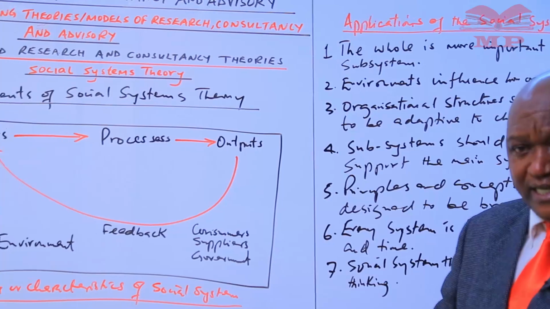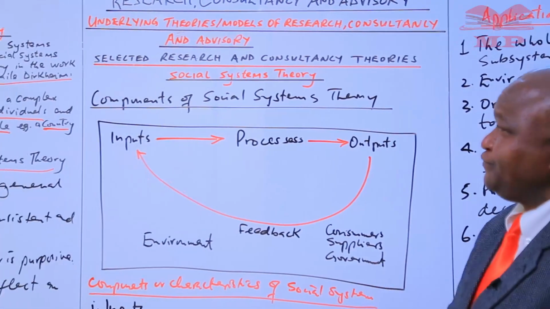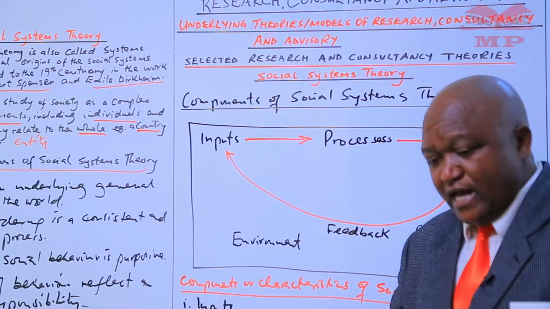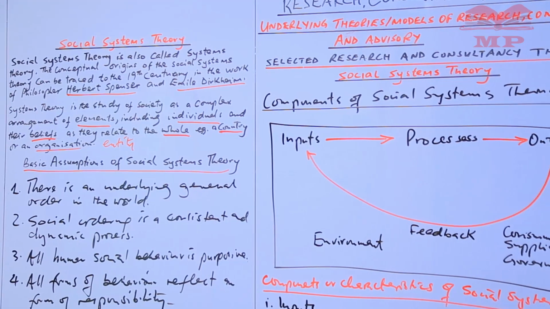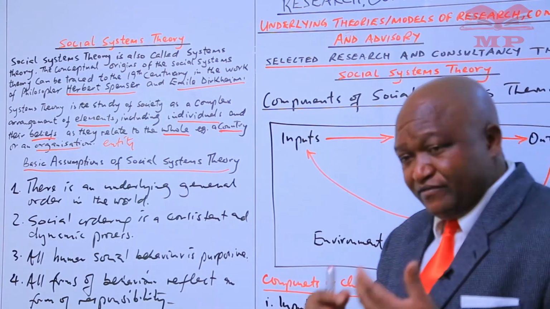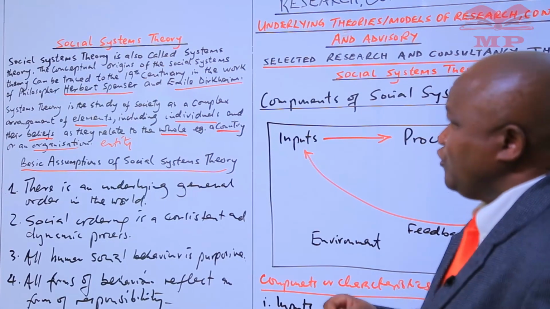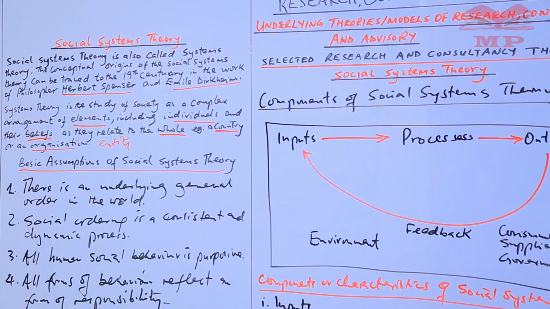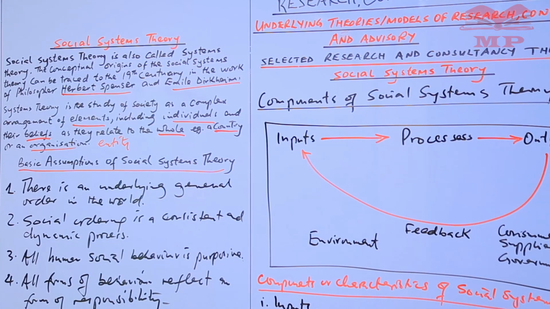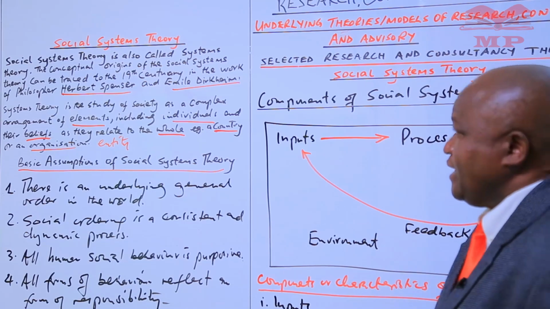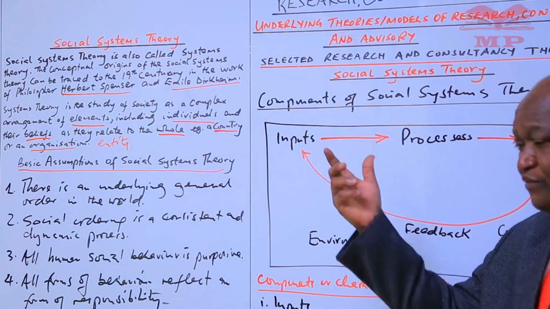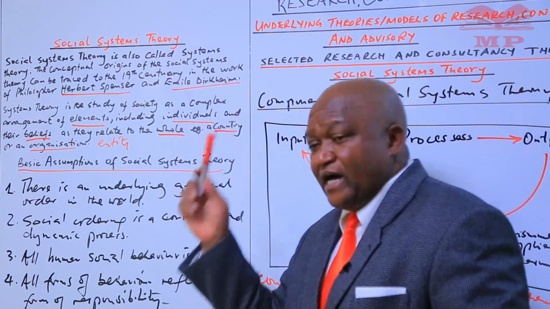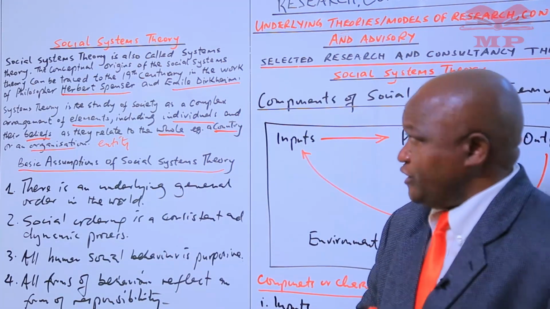So in our lesson today, we have looked at social systems theory as one of the selected theories in the area of research and consultancy. We have seen that social systems theory is also called systems theory, and it was conceptualized in the 19th century, attributed to philosopher Herbert Spencer and Emil Durkheim, who was a sociologist.